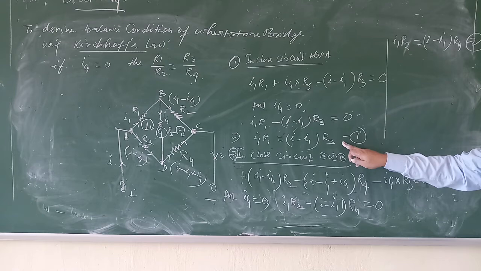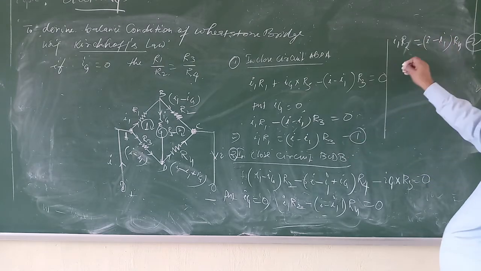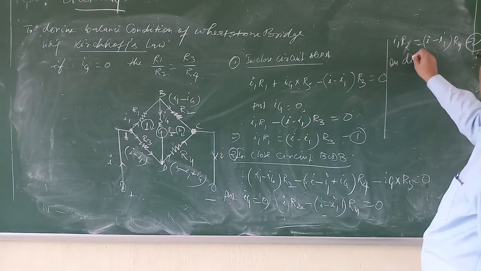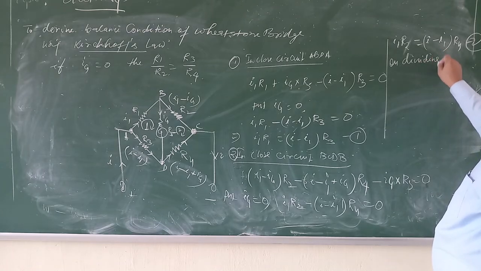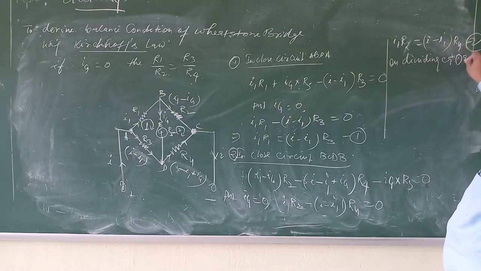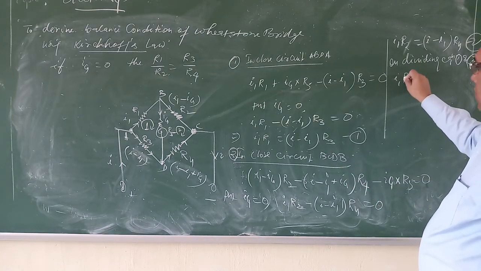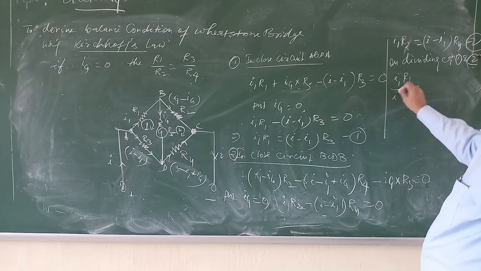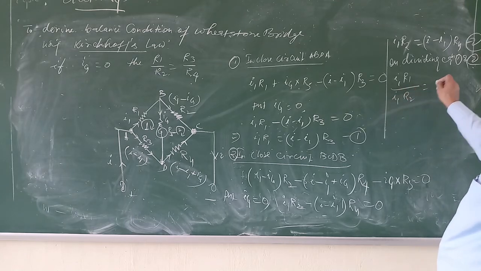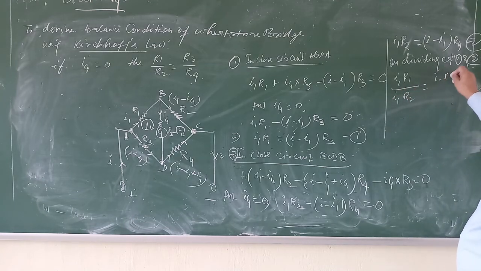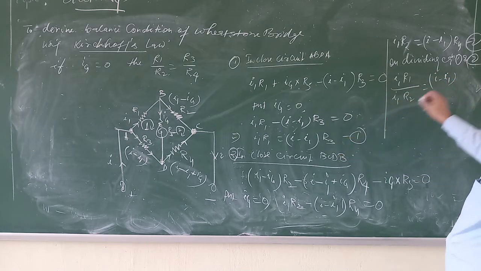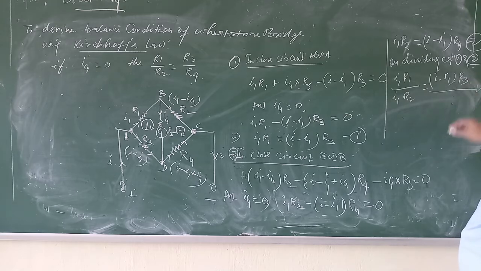Now divide equation 1 by 2. On dividing equation 1 by 2, I1 R1 by I1 R2 equal to I minus I1 into R3 divided by I minus I1 into R4.